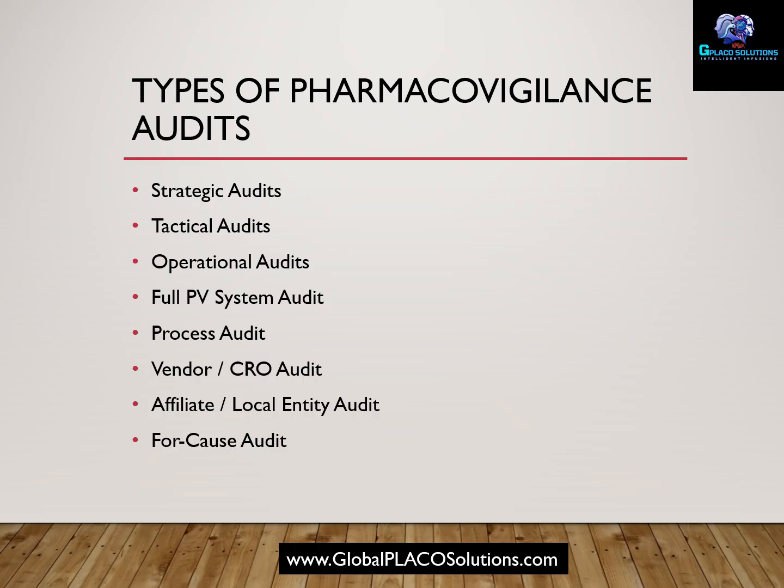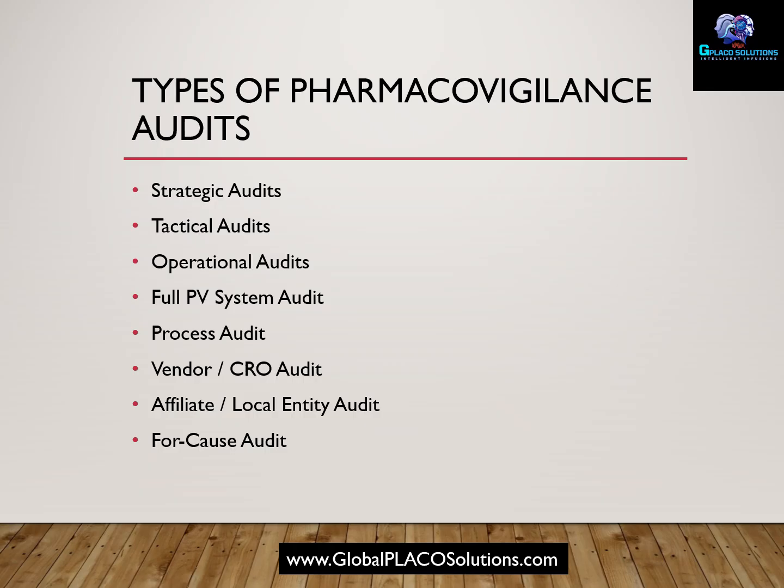For cause means if there is any issue identified, for example, if you have missed many of the ICSR cases, or if you have missed the timelines for reporting of aggregate reports or periodic reports, if you have missed identification of signals or there are any vendor related issues.